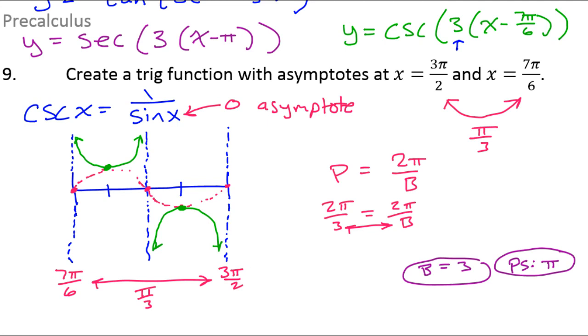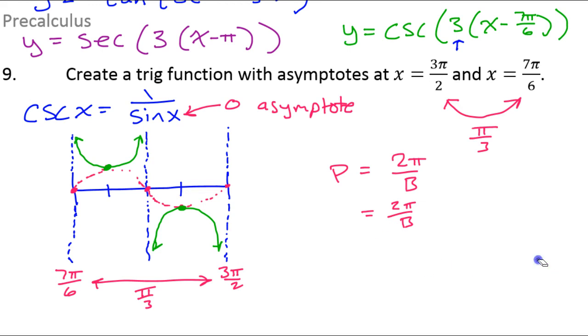So if I go back to that little equation that I always use when I'm looking for the b value, now pi over 3 is the entire period. So I would have to put pi over 3 here if I were to pick it this way. And now I would have to solve for b. In this case, I would probably cross multiply. So along this diagonal, I'd have pi b.